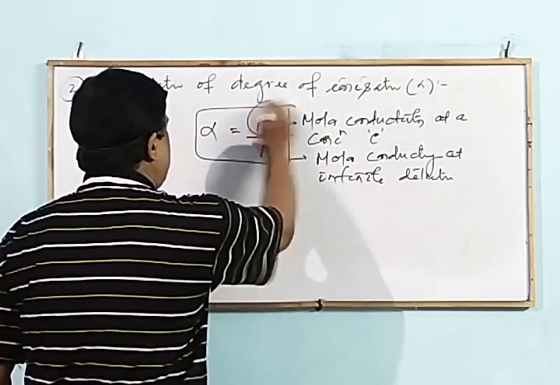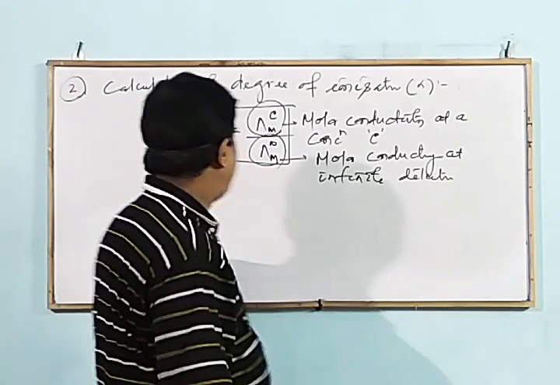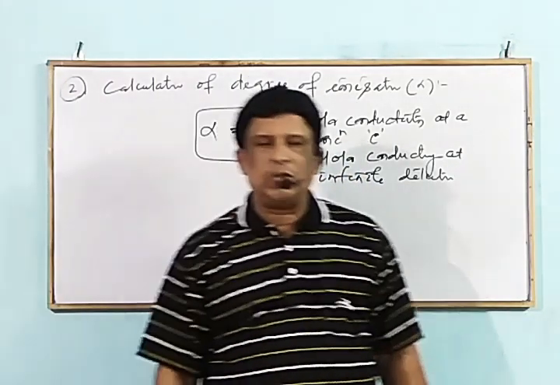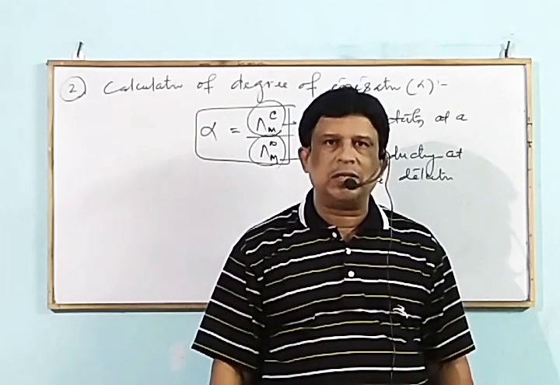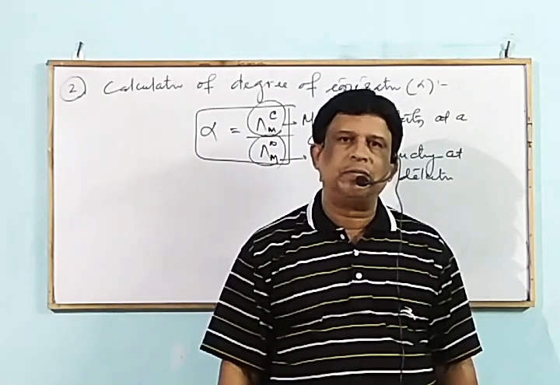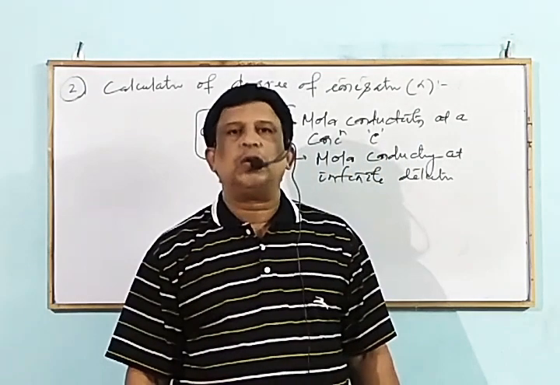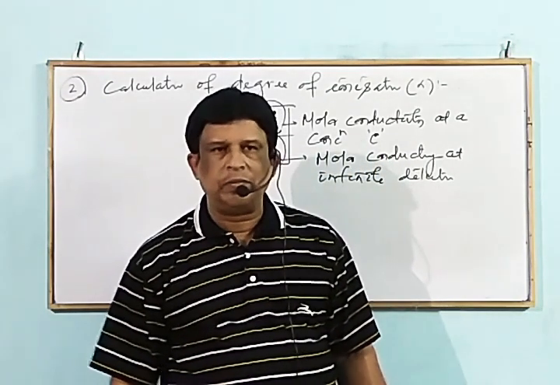So if these values are given, by dividing, one is able to calculate the degree of dissociation or degree of ionization of a weak electrolyte. So let us apply this formula to solve one type of problem.